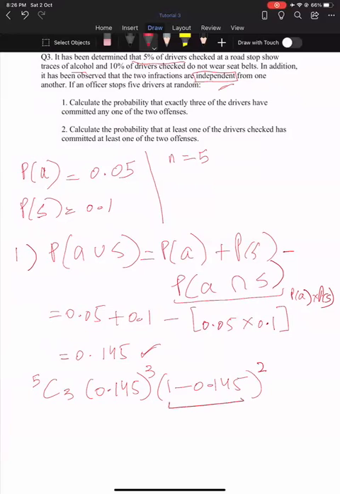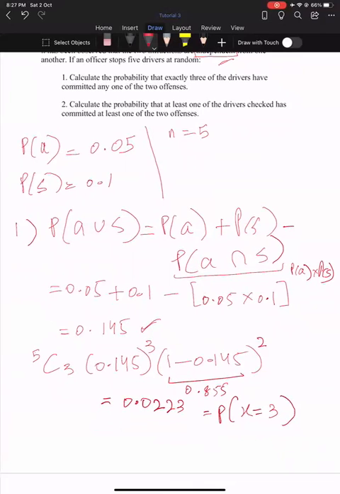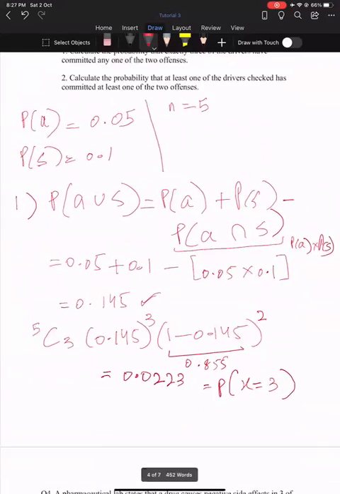This I think is 0.855, and we'll get the answer 0.0223. The probability that x is equal to 3, if x is the number of drivers who have committed any of the two offenses. This is for part 1.